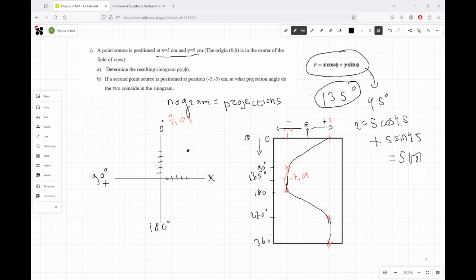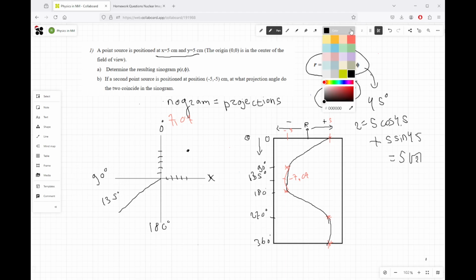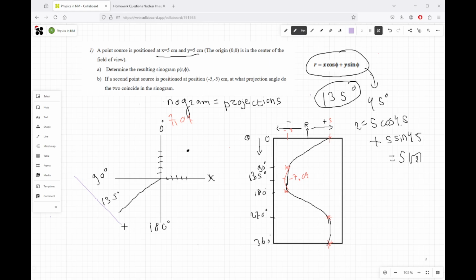With 90 plus 45 degrees, we end up right here, which is 135 degrees. So if we make the detector here, you probably might have an idea of where the signal will end up and what the radius will be.